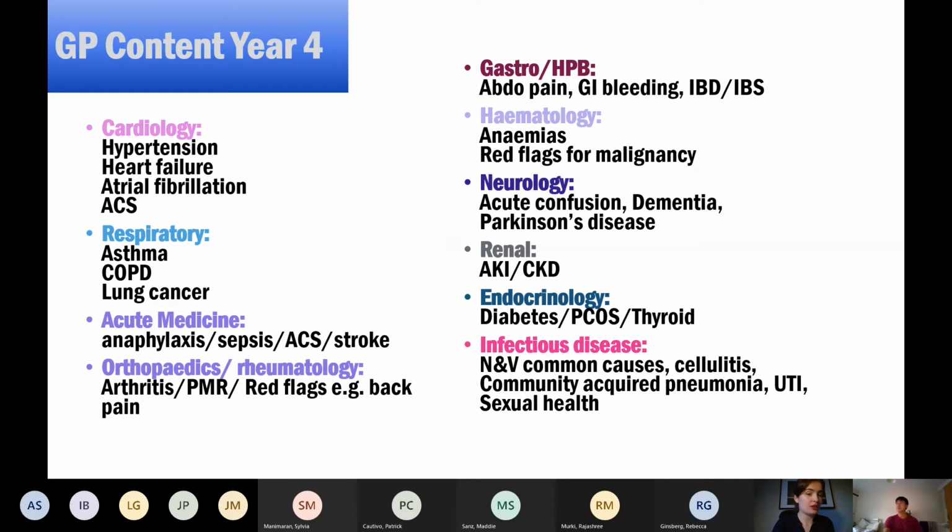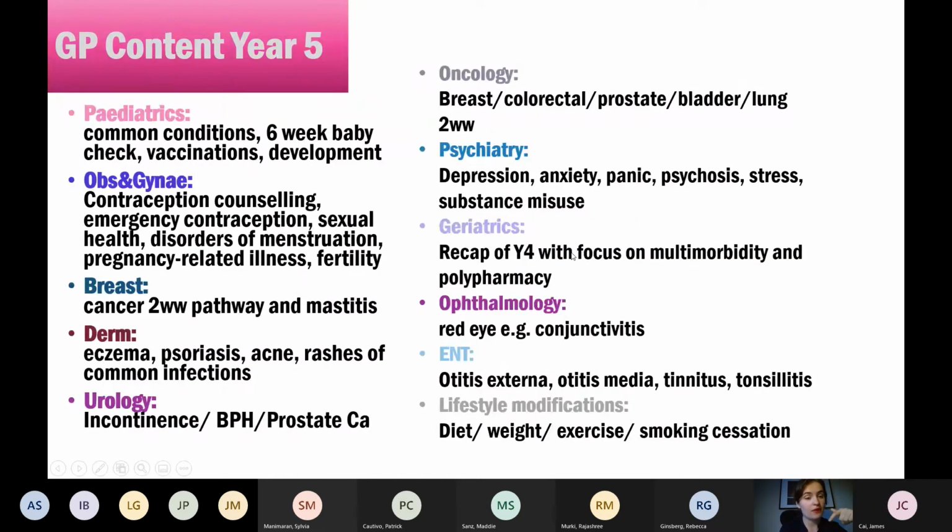So things like knowing the hypertension medication ladder, knowing acute confusion in the elderly, and a few common things in infectious disease, like pneumonias, will be helpful, but you can leave your tropical diseases and your more complex renal stuff to the side.